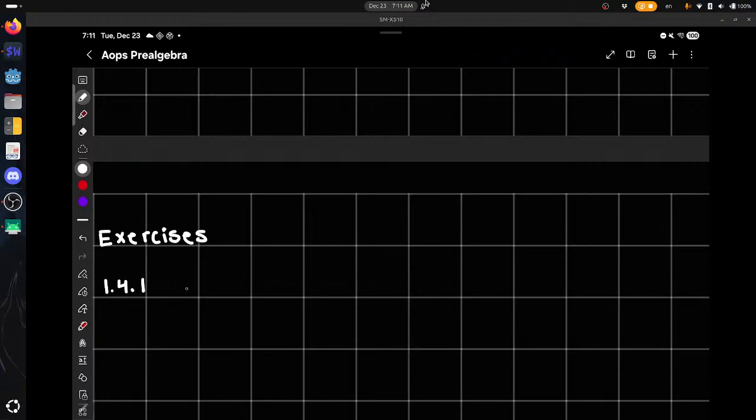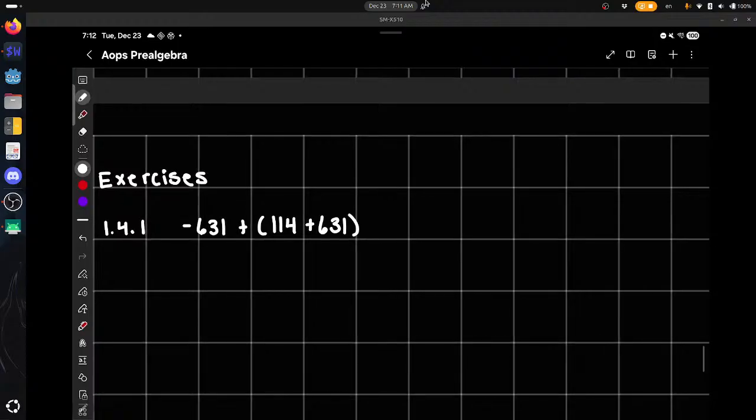So compute negation 631 plus 114 plus 631. I think we could just move those numbers around.